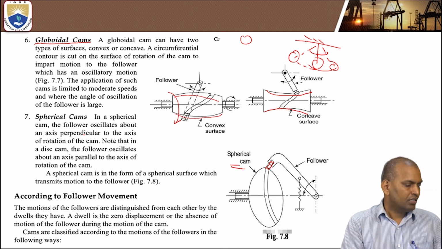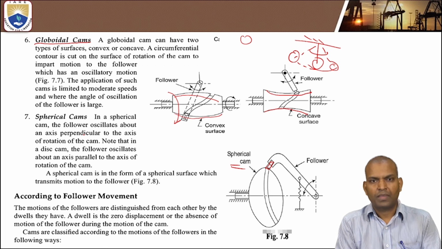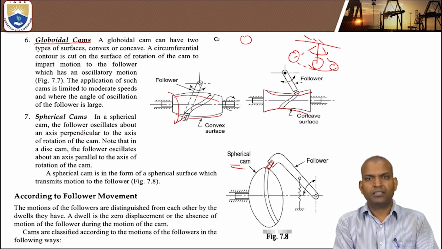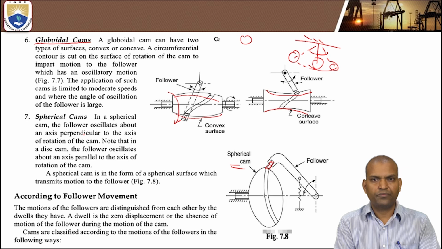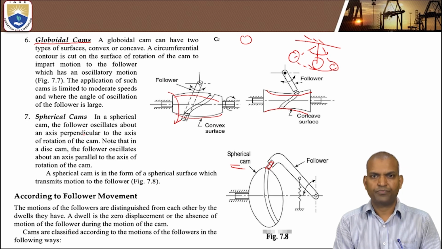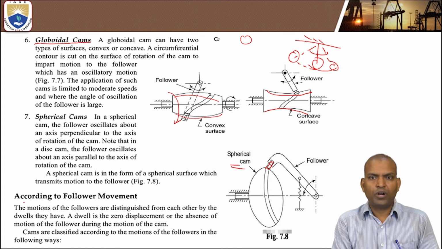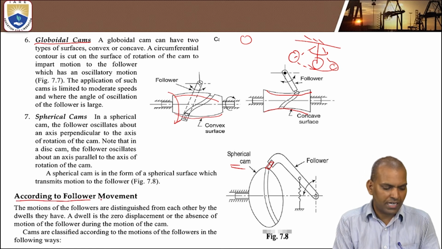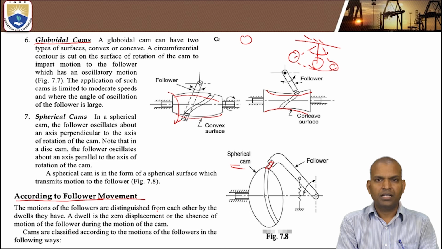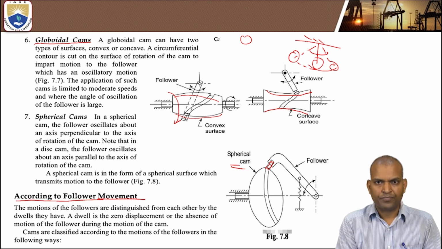Cams based on the geometry. So these are the different types, the first classification of the cams. Now the second category is according to the follower movement. Based on the second category, what is the follower movement?